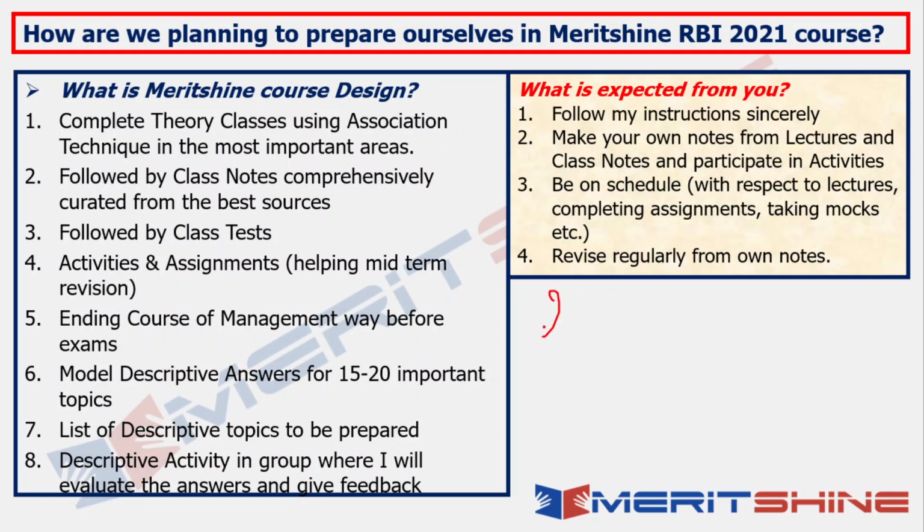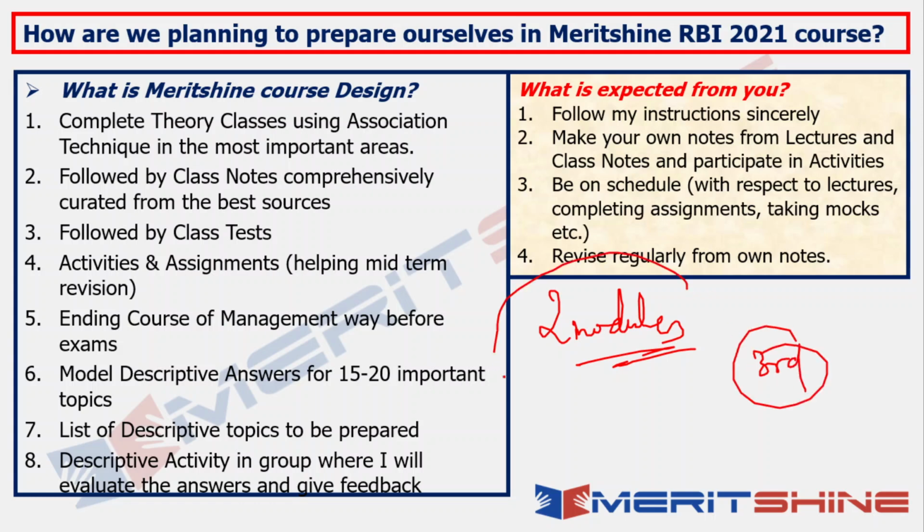And revise regularly from your own notes. For example, your first 2 modules are done. Then your third module is going. Once a week, just take up your own notes and go through the last 2 modules, because you saw that there is so much to do. So many theories, so many concepts. You might forget them, na?